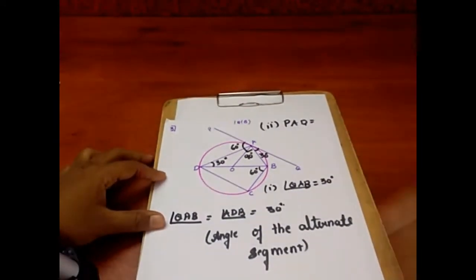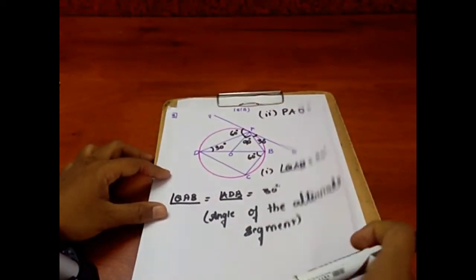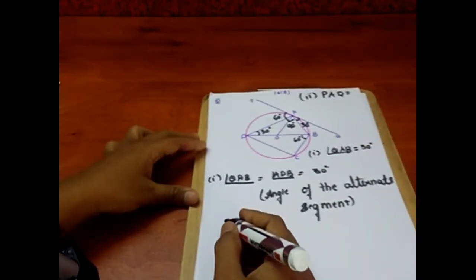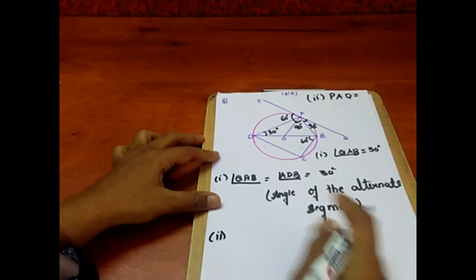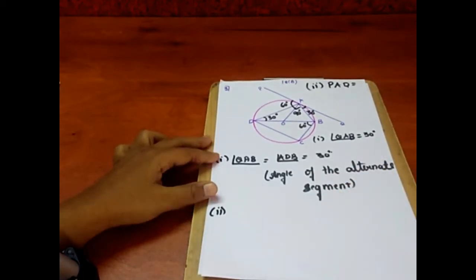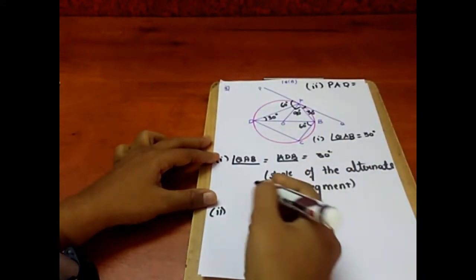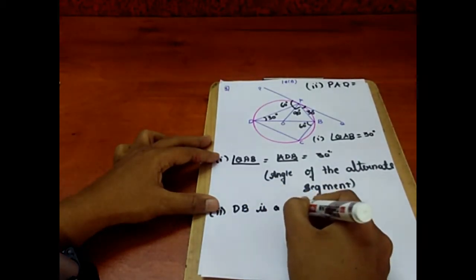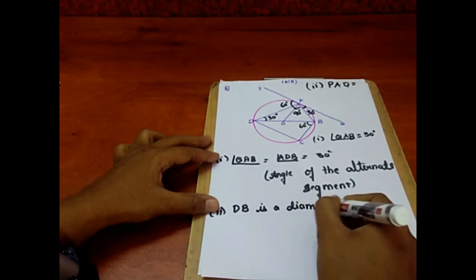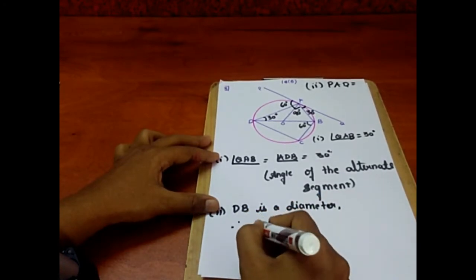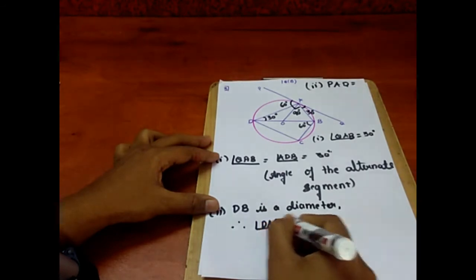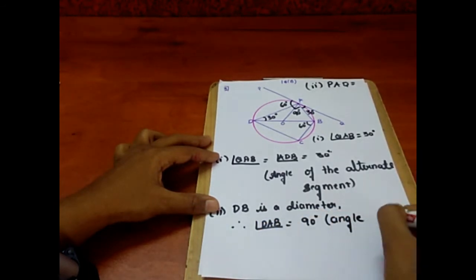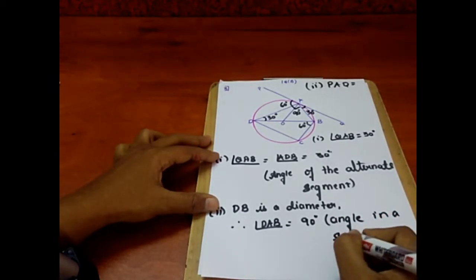Let us write the same. This is sub question 1. Now sub question 2. DB is a diameter. Therefore, angle DAB is equal to 90 degrees. Reason: angle in a semicircle.